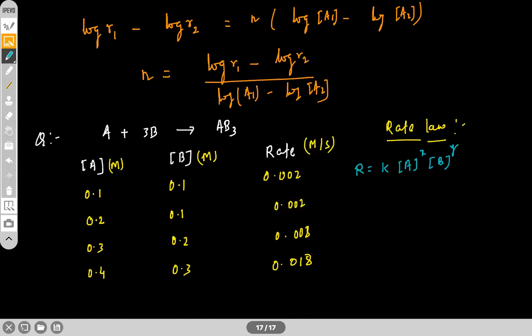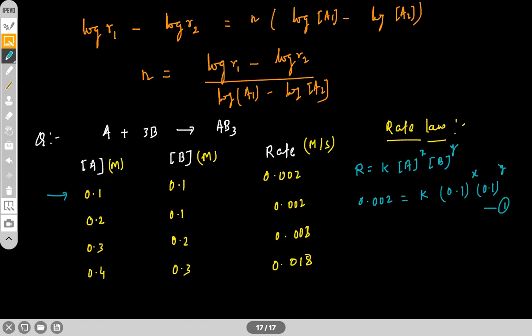First set of data: R value is 0.002, equal to K, concentration of A is 0.1, B is 0.1, so 0.1 to the power X and 0.1 to the power Y. This is the first thing.